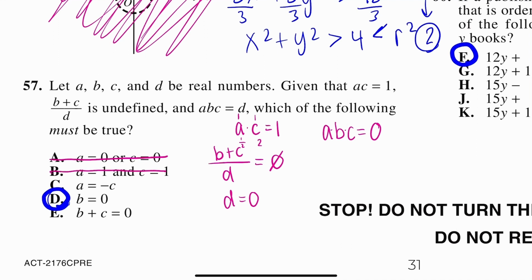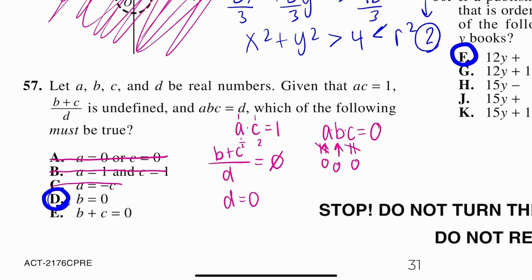A has to equal negative C. Once again, that's not necessarily true. You could have A as 1 and C as 1. B has to equal 0. That is true, because if A is not 0 and C is not 0, you need something to zero out this entire equation.